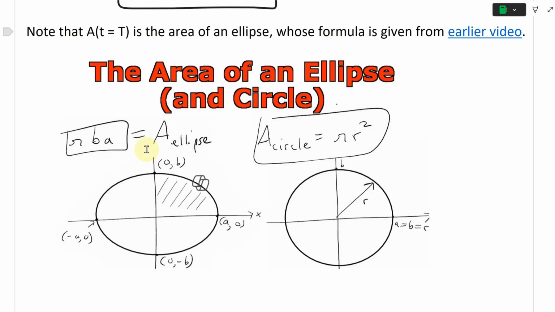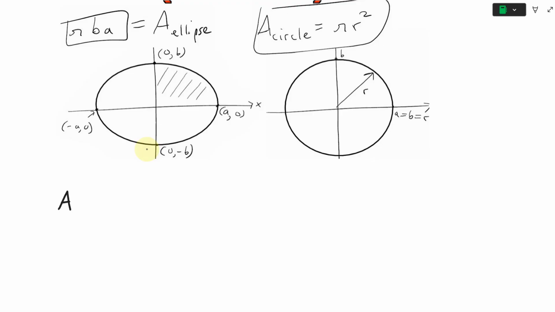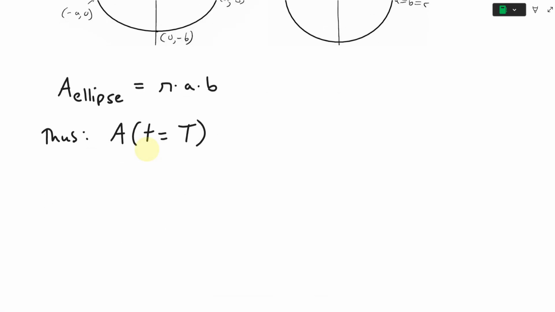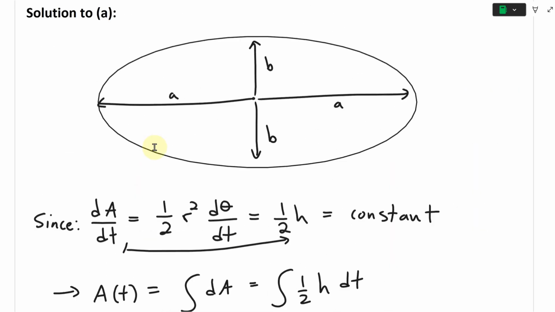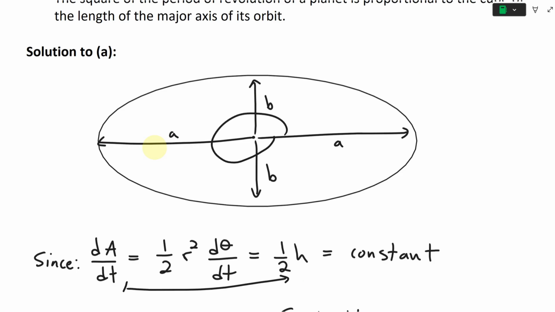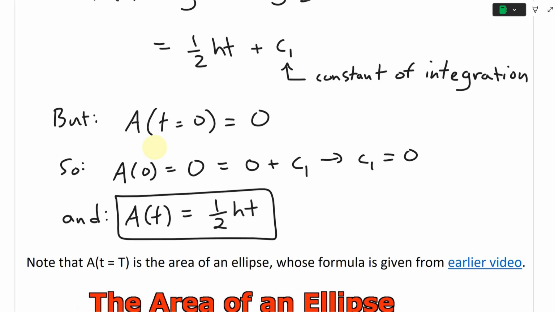So what that means is, well, we know that, I'm just going to put this in for completeness, the area of the ellipse equals pi times a times b. Thus the area at t equals capital T, where this is the period, in other words it makes a full revolution, so we get a full ellipse. That is when t is equal to the period.